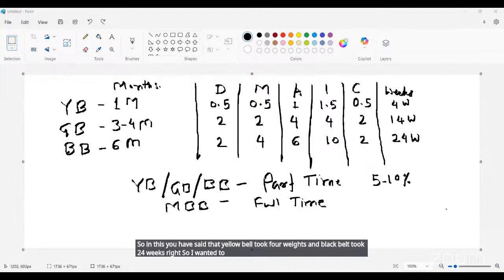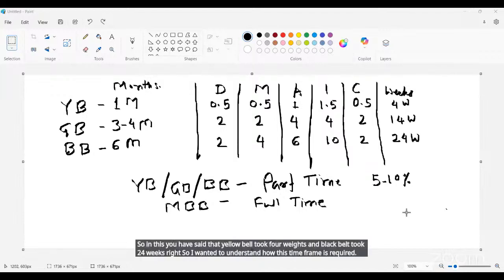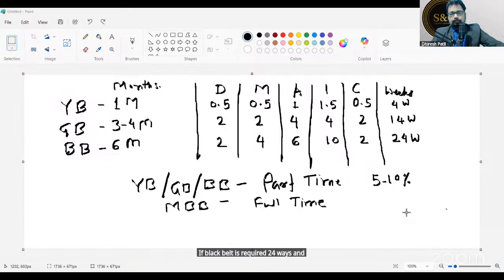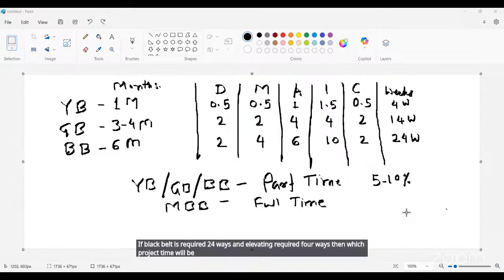I wanted to understand why this time is required, and how it will be effective in project management. If black belt requires 24 weeks and yellow belt requires 4 weeks, then which belt's project time will be better for the management?